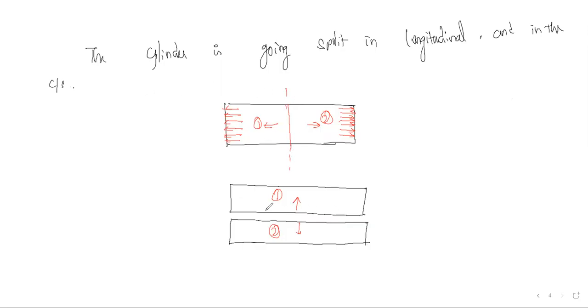And if the stress is going to act on the upside wall and the downside of the wall, then it can split the entire section along the length direction. So there are two types of failure that are going to happen.